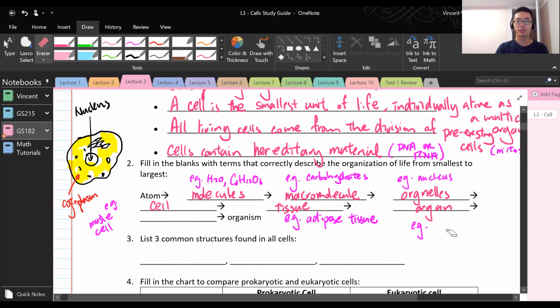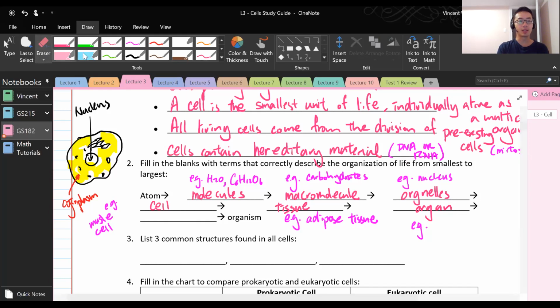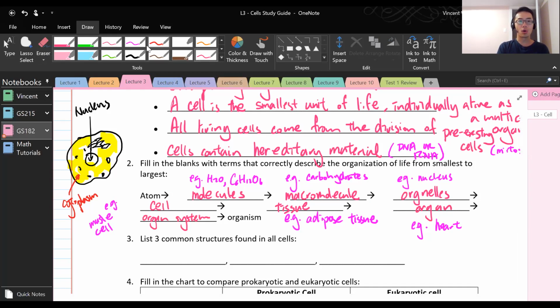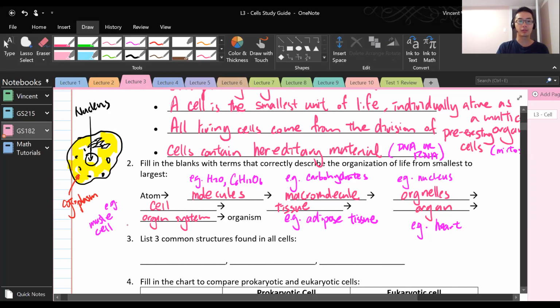Now, but for the purpose of this flowchart, I am going to use heart. Okay, not that there's anything wrong with liver or kidney, but I'm going to use heart because the next level is going to be the organ system. Okay, so the organ system is many different organs coming together to form a system that is vital for the organism's function.